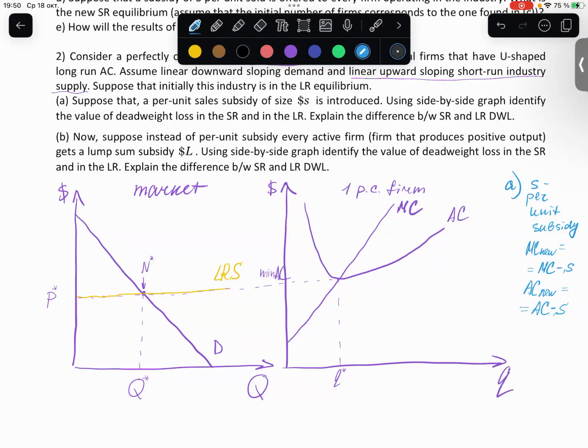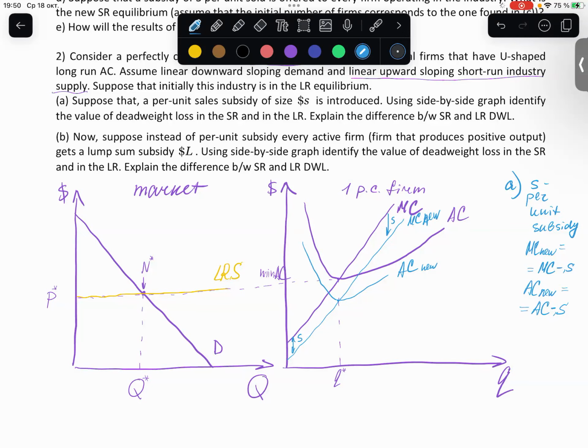Let's do it. This is the subsidy, and the minimum of average cost also is lower by this subsidy. This is new average cost, this is new marginal costs. This difference is the per unit subsidy.